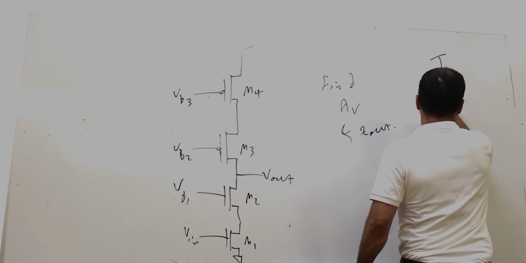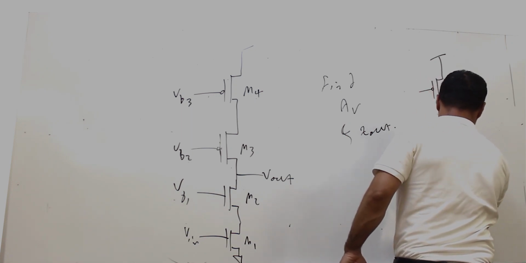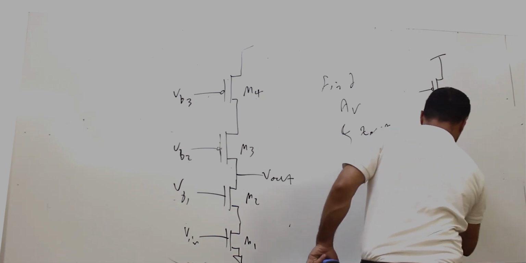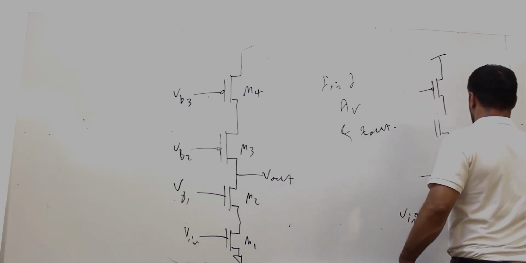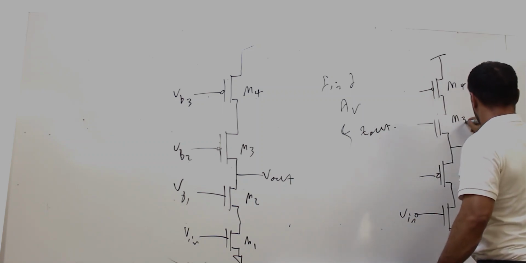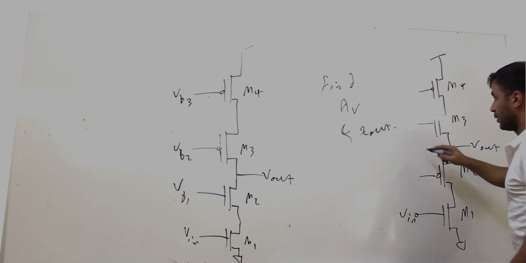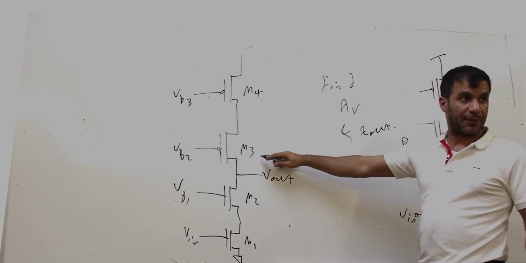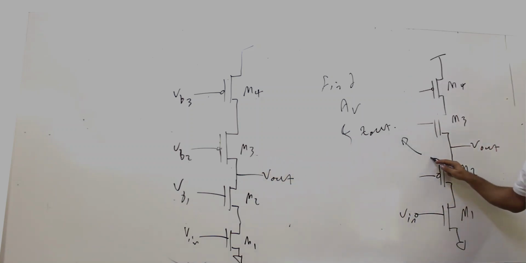As I have more input, the output. This is M4, M3, M2, M1. Find the same thing. You have to notice that this will double, or square, the AV gain. This will diminish the gain.